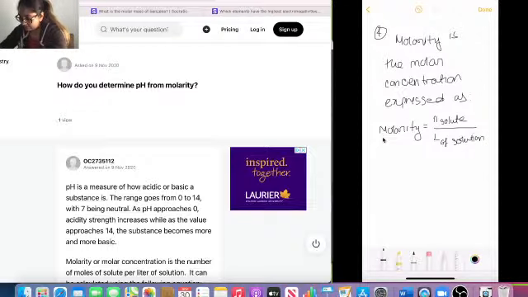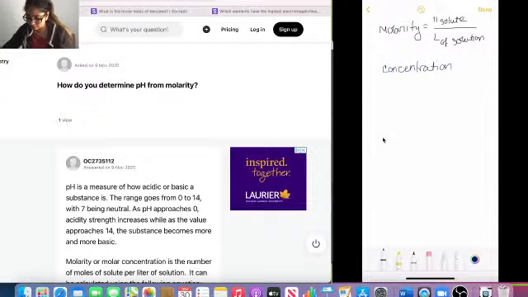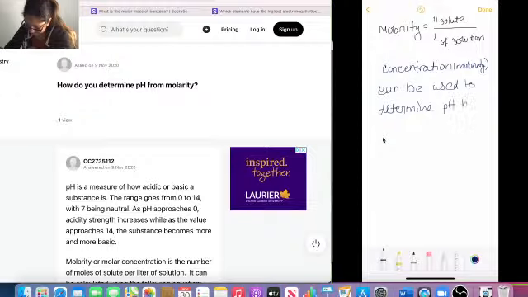Okay, and so basically concentration, or the molarity, can be used to determine pH.